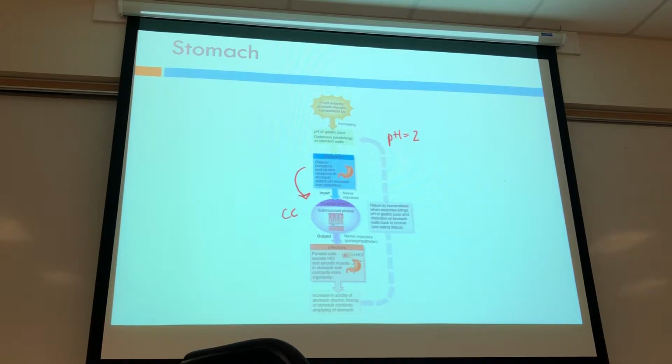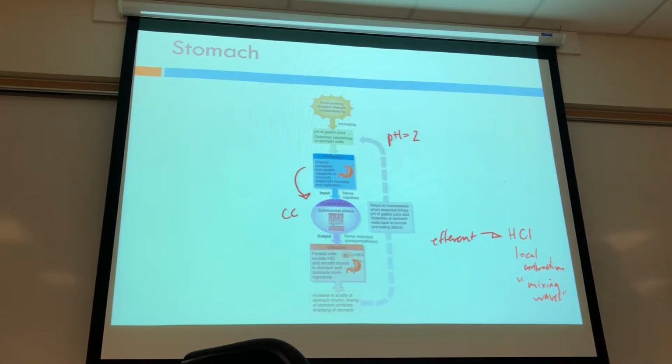So the efferent pathway is the production of hydrochloric acid by the parietal cells. That'll also cause local contractions or mixing waves to start churning through, okay?